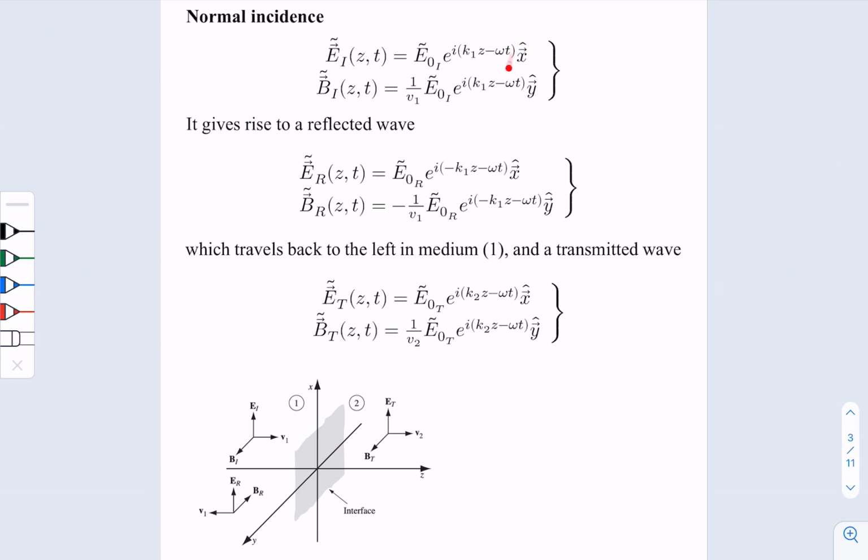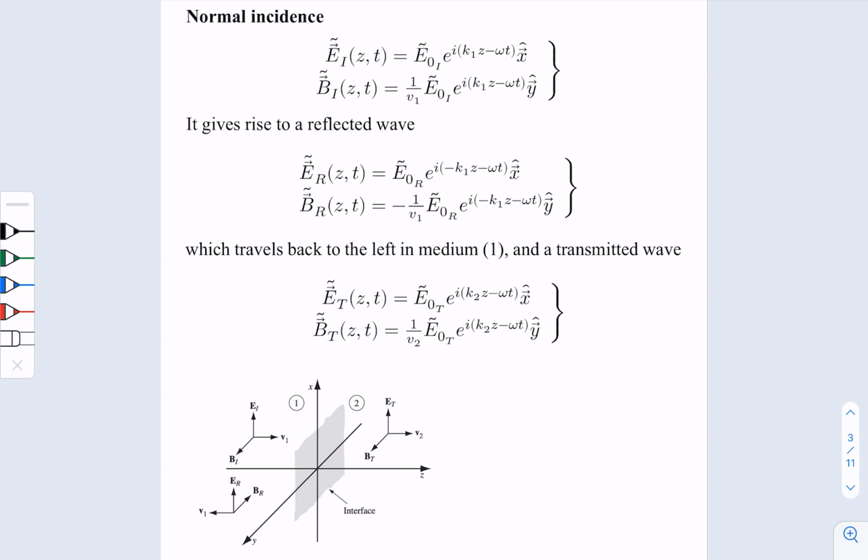Now, after we define that, the B field must be along the y direction, because E cross B gives us the Poynting vector direction, which is along the z direction v here.